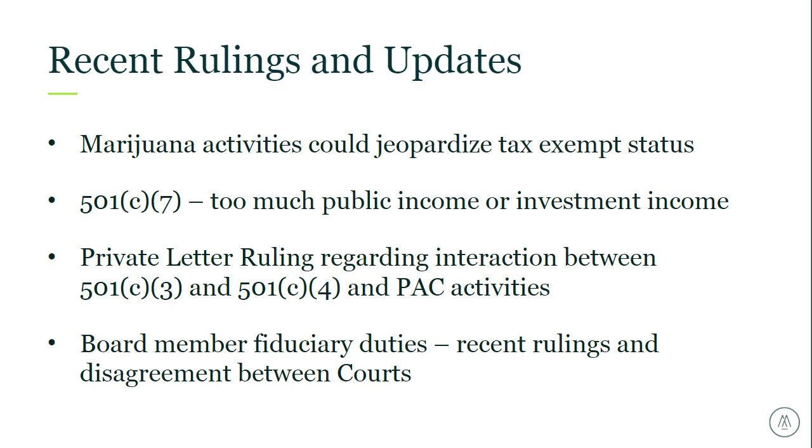Another area that they are also looking at and ruling on is too much public income or investment income for social clubs. Think of your country clubs, for example, your tennis clubs, things like that, where they may have too much non-member income or investment income as compared to their member income.